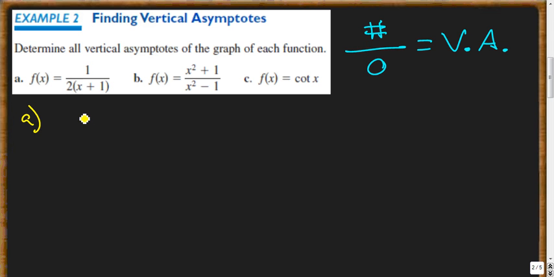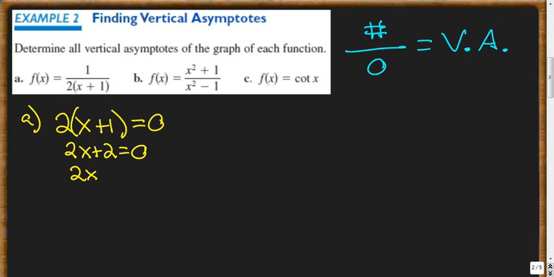So for A, we want to see when 2 times x plus 1 equals 0. So we get 2x plus 2 equals 0, 2x equals negative 2, and x is going to be negative 1. That cannot make our numerator, which is 1, 0.